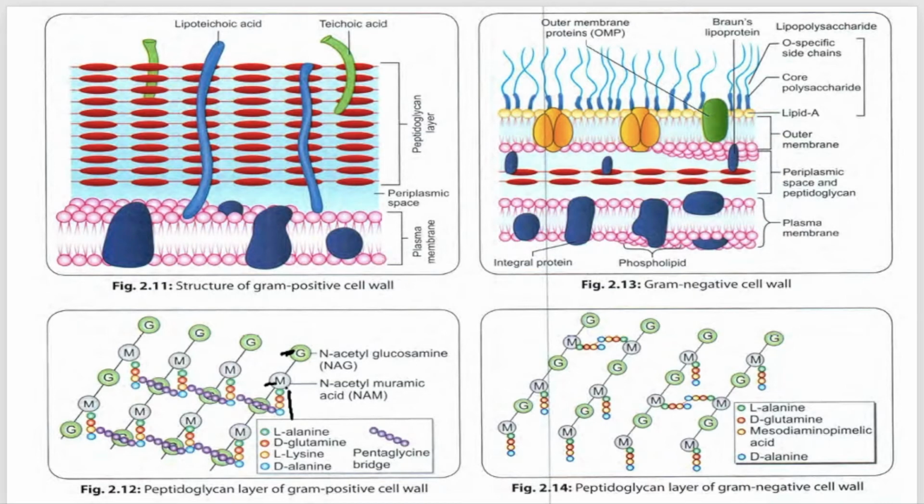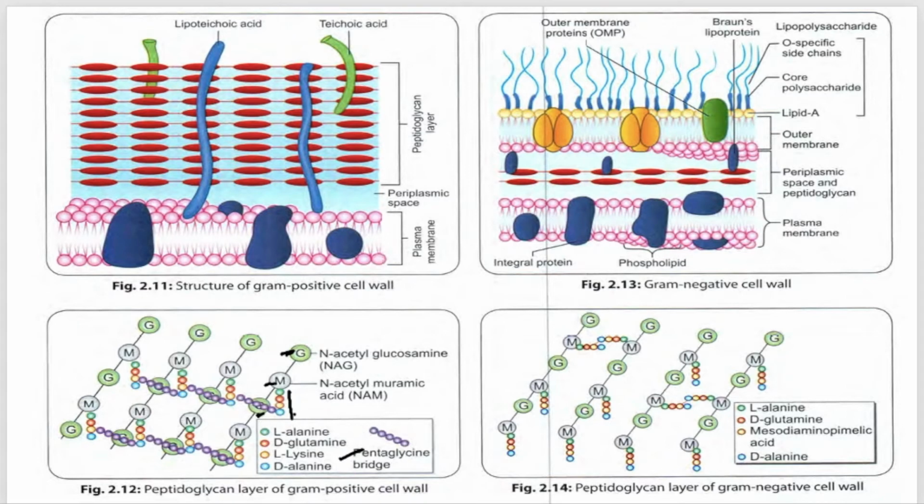The tetrapeptide helps in cross-linking of NAG and NAM. How? NAM is attached to the L-alanine of this tetrapeptide, and the other end, D-alanine, is attached via this purple circle, which represents the pentaglycine bridge, to another consecutive NAG molecule here.